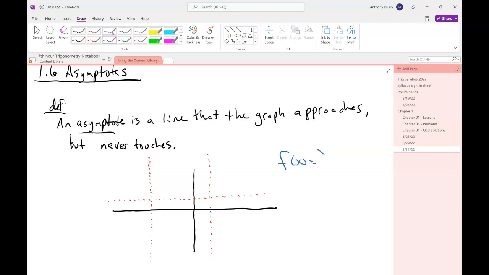So an example of something that has an asymptote, or several asymptotes, I guess, in this situation, would be this function here, whose graph looks like this.